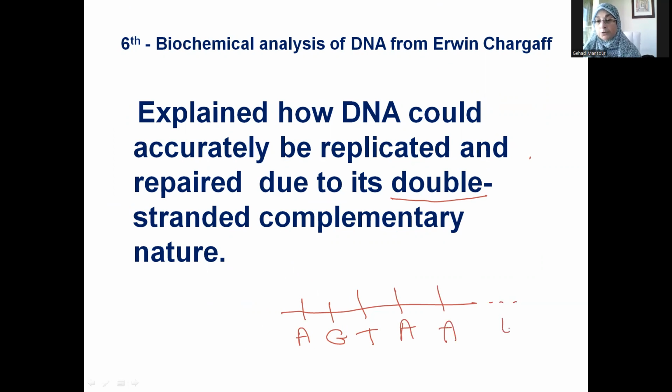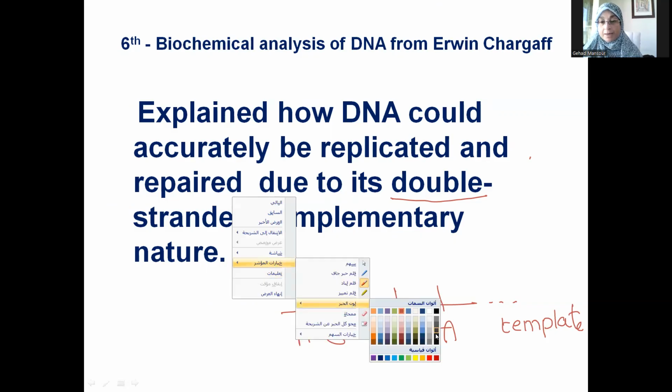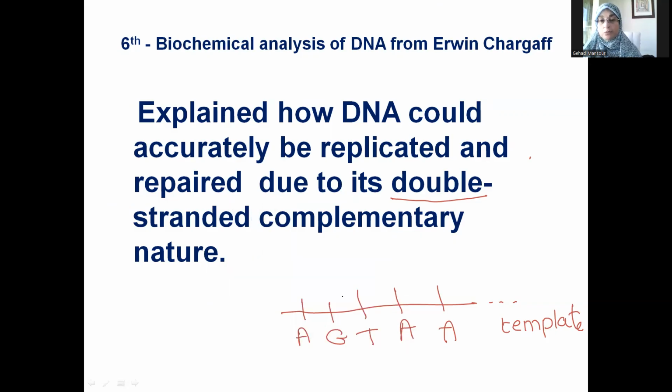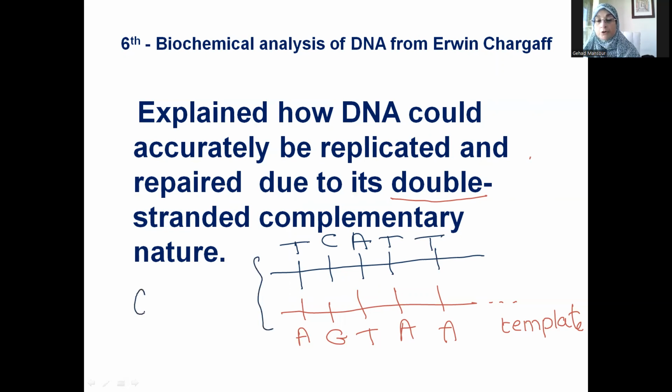And if this is the template strand of DNA, then you can make another strand on top of this template strand, and that other strand would be complementary, meaning that in front of A, you should have thymine, in front of G, you should have cytosine, in front of T, you should have adenine, in front of A, you should have thymine. This is what we call the complementary nature of the nitrogenous bases.